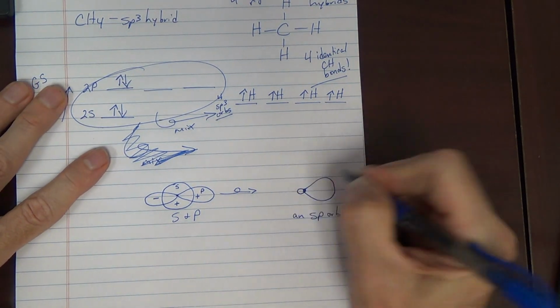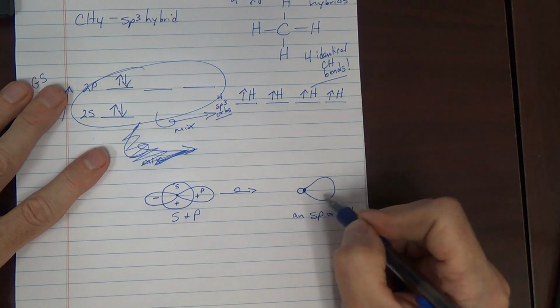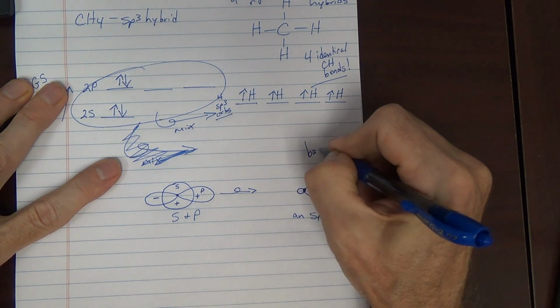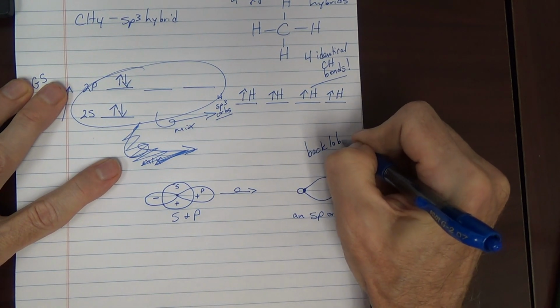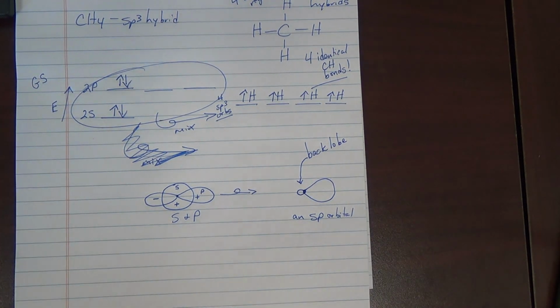Here's the nucleus. Once we start drawing these around an atom, we'll only draw the major lobe. This other portion on the other side is called the back lobe, and it's usually not drawn.